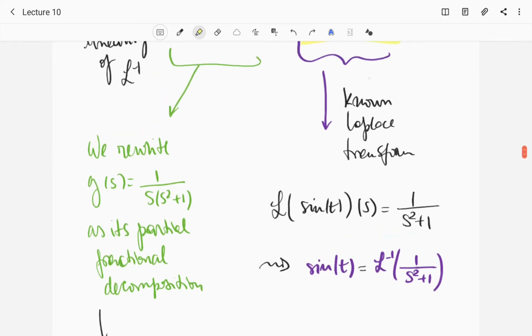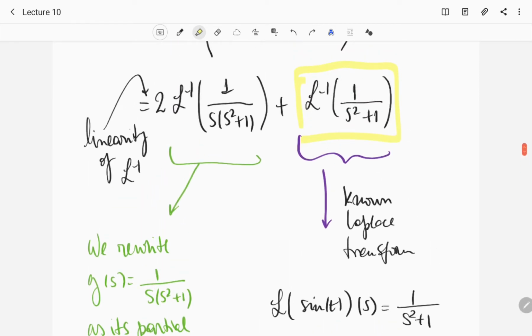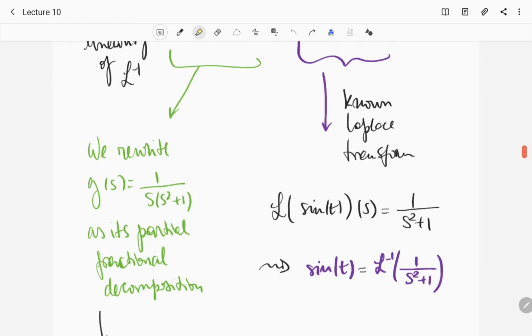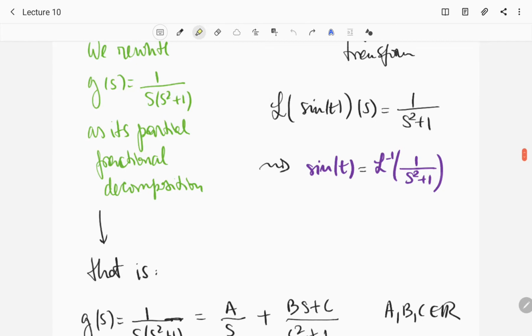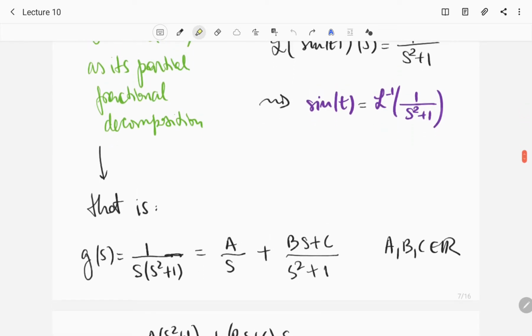So this piece we already know because it's a known Laplace transform, so we already get this sine of t. And now we work with the other piece. The partial fraction decomposition, remember, was a way to rewrite the function depending on the roots that this polynomial has.